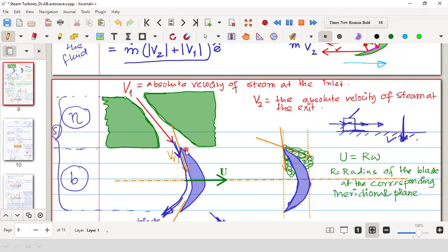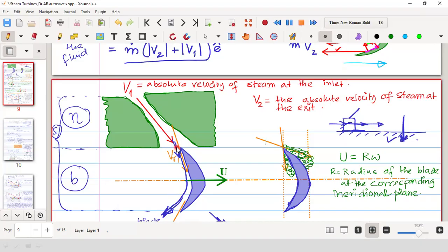Thermodynamically, I think the enthalpy will not change. If we draw a thermodynamic diagram, a TS diagram, and consider that there is no frictional loss, then from the exit of the nozzle, as the pressure is same, also the entropy is same, so the temperature will be also same.